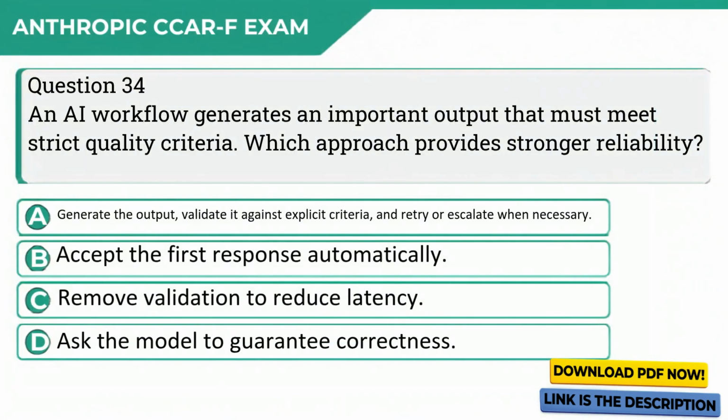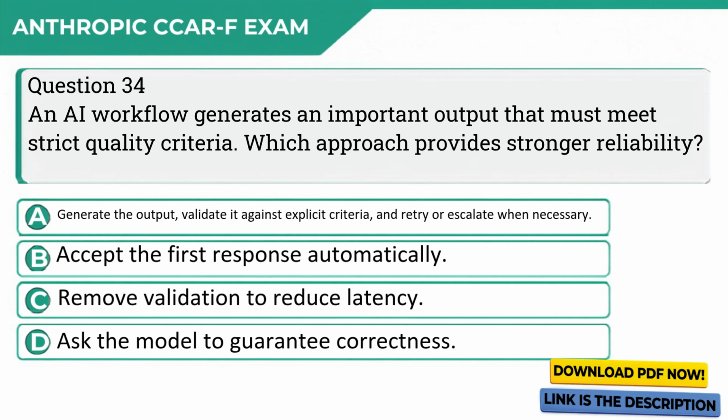Question 34. An AI workflow generates an important output that must meet strict quality criteria. Which approach provides stronger reliability? A. Generate the output, validate it against explicit criteria, and retry or escalate when necessary. B. Accept the first response automatically. C. Remove validation to reduce latency.